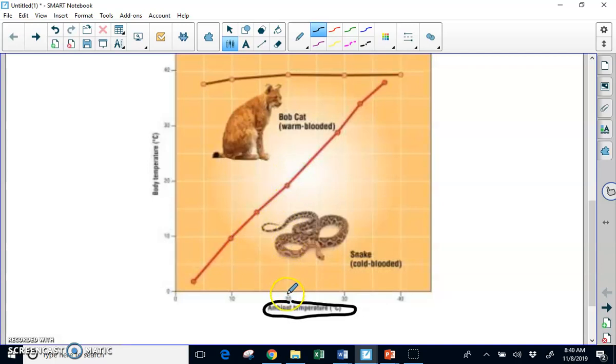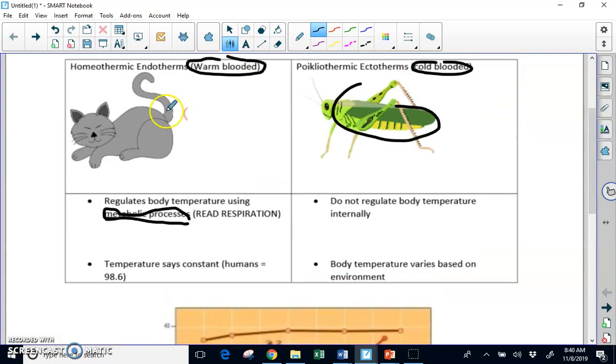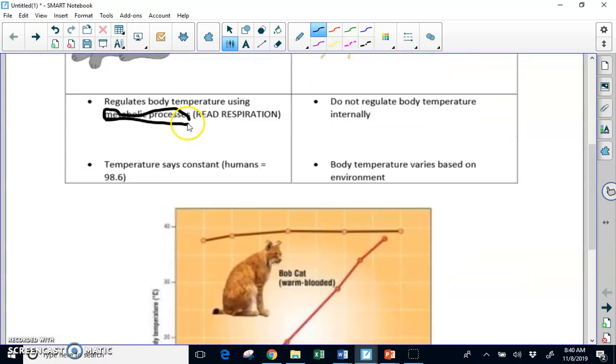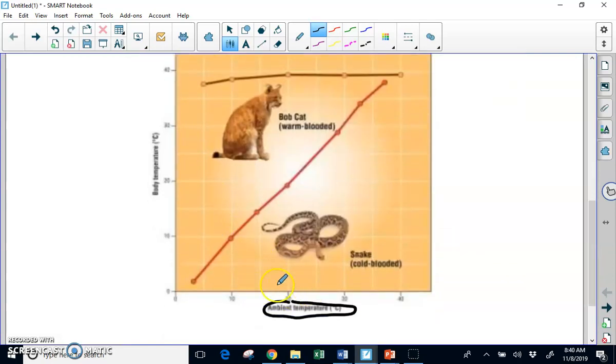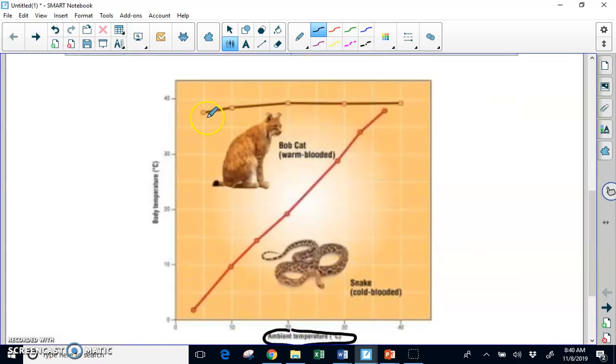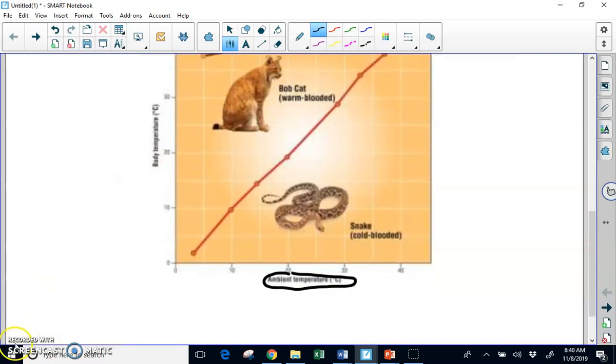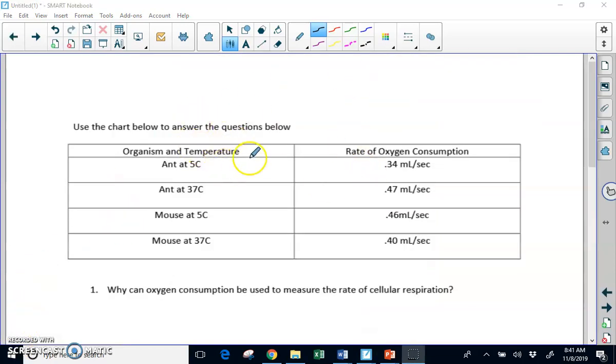When the ambient temperature is a little bit less, it's because they lose heat to the environment, but they're not able to regulate their body temperature. While the bobcat is an example of a homeothermic endotherm, you can see that no matter what the ambient temperature outside, the body temperature of the bobcat stays relatively constant.